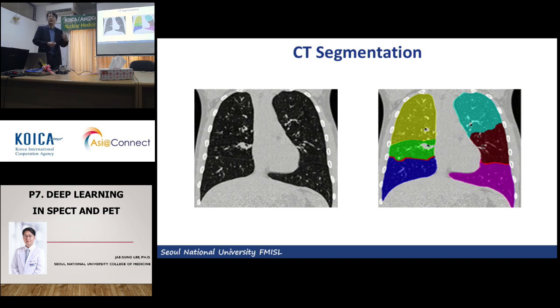This kind of drawing of volume of interest or region of interest is a very time consuming job, and it is really labor consuming for our medical people, like residents and technologists.